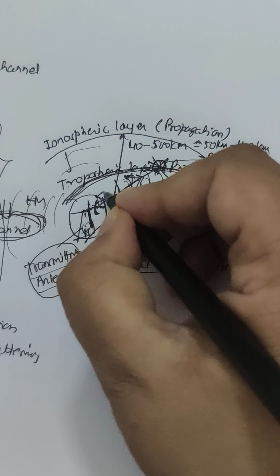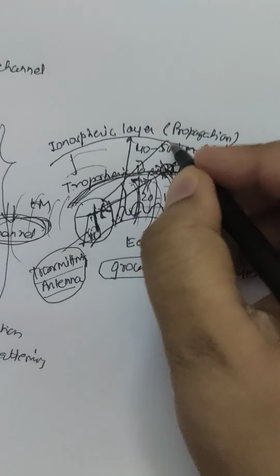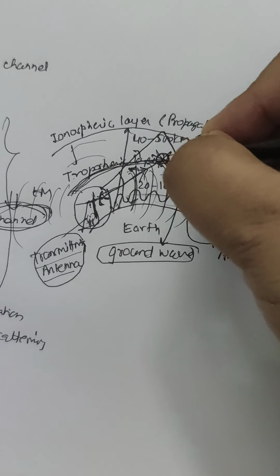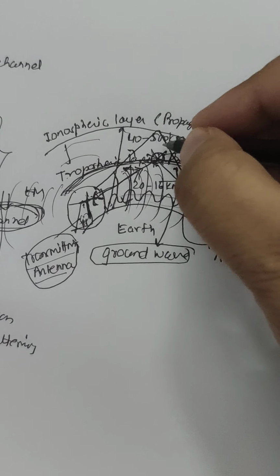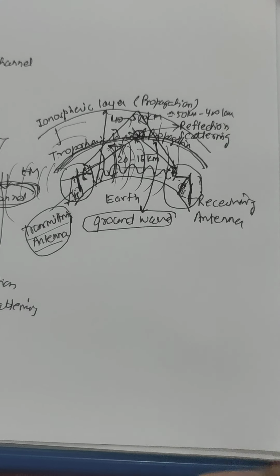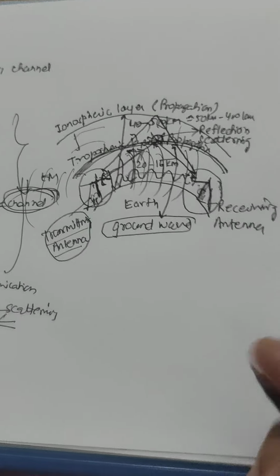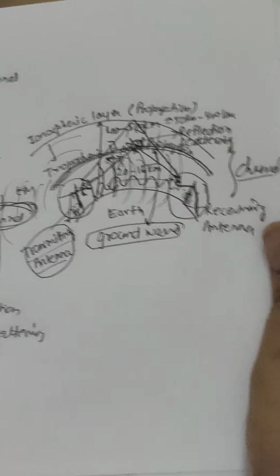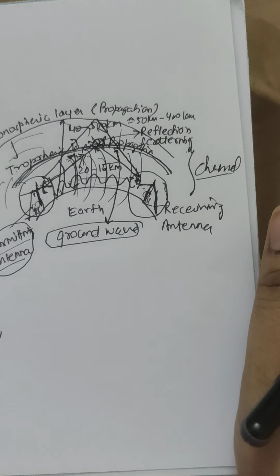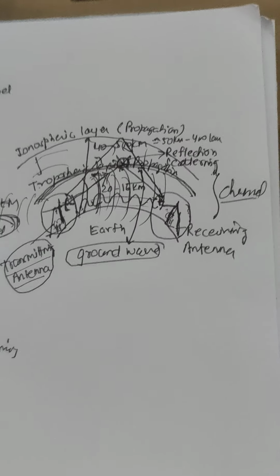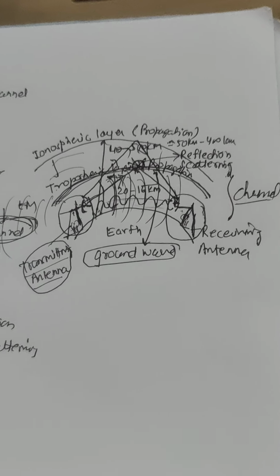When the EM waves start from this, they are reflected and scattered, again sending the rays back towards the receiver. So the trajectory and the path, the channel which is maintained, does not behave as compared to the wired channel.